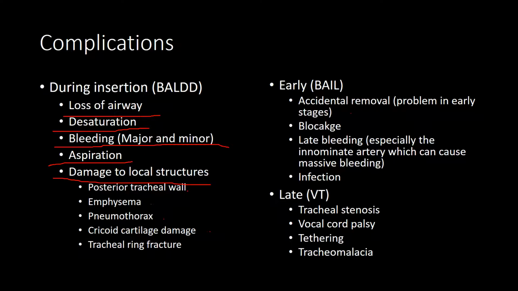Early complications would be accidental removal, which is a problem because you can't put it back in, blockage of the tube, late bleeding and infection. And then very late complications would be tracheal stenosis, tracheomalacia, tethering and vocal cord palsy.